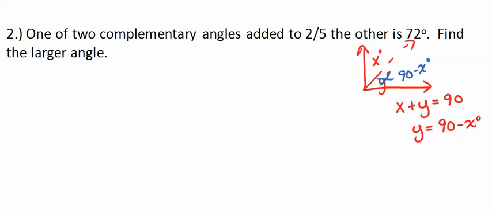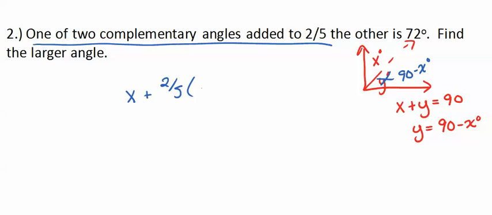Going back to the top and reading the question again, one of the complementary angles, we'll start with X, is added to 2/5 of the other angle, and that is 72.